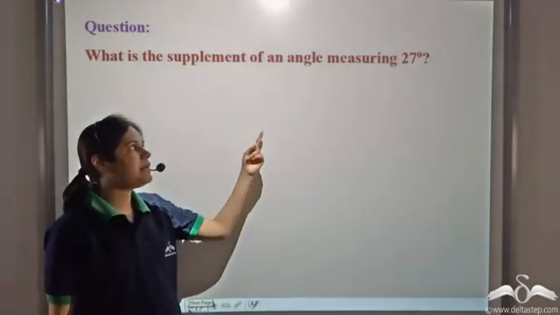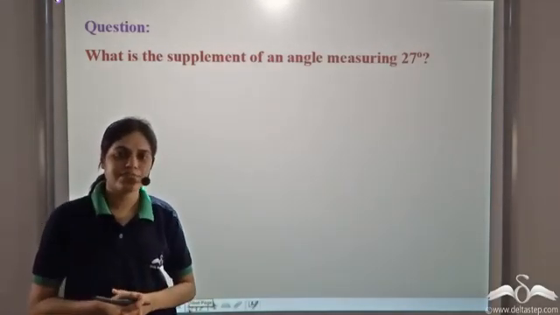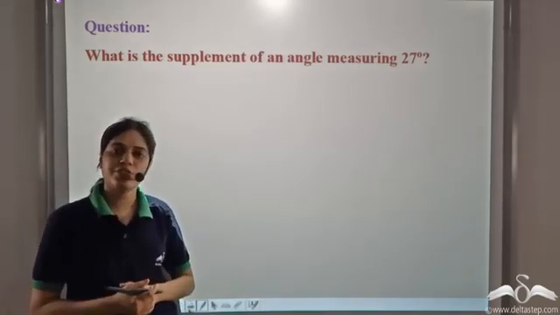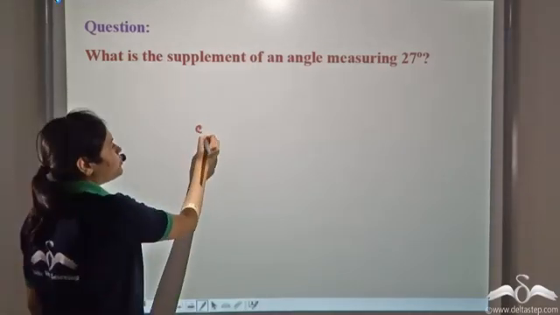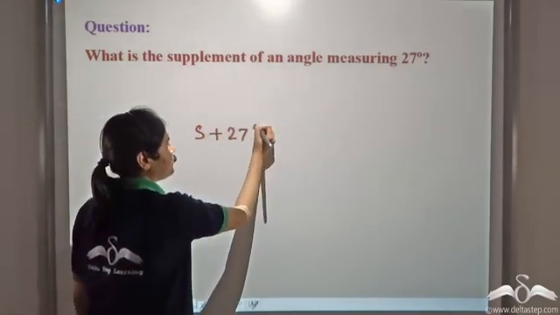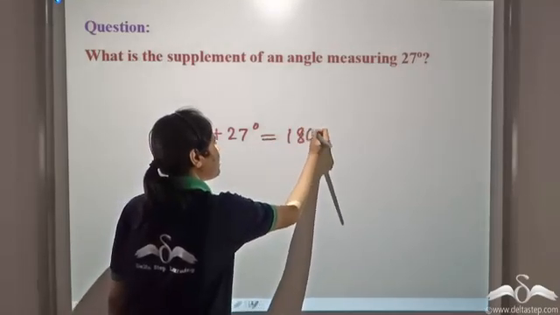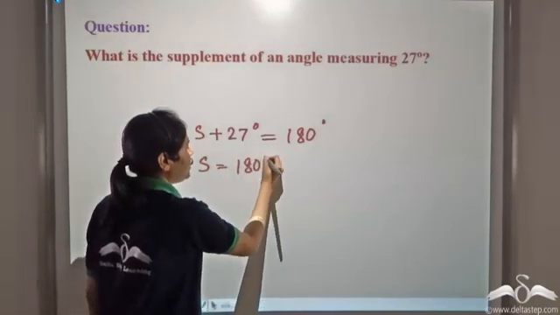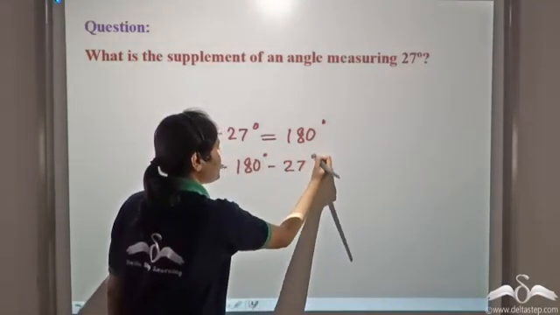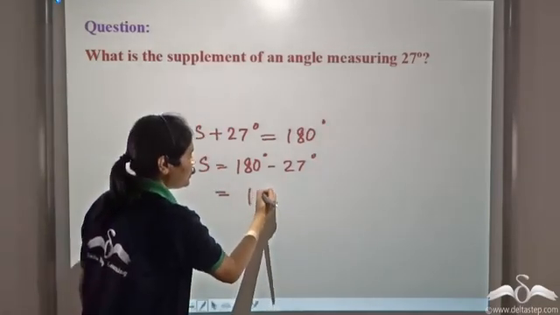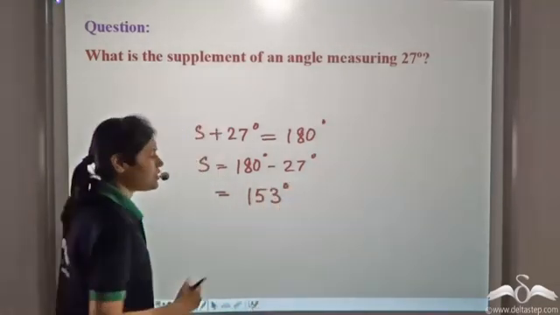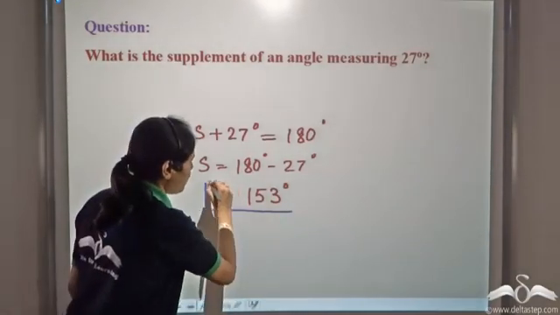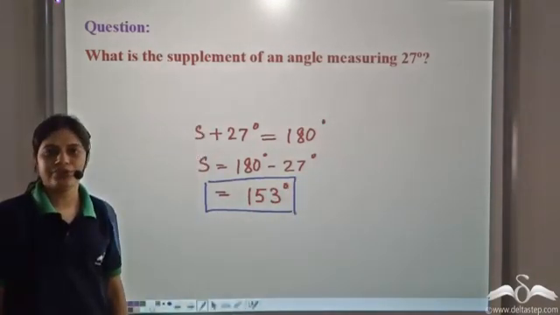Now, can you find the supplement of an angle measuring 27 degrees? In order to find the supplement of the angle measuring 27 degrees, we need to subtract it from 180 degrees because their sum is 180. So, the supplement of the 27 degree angle is 180 degrees minus 27 degrees, which is equal to 153 degrees. So, this is the supplement of the 27 degree angle.